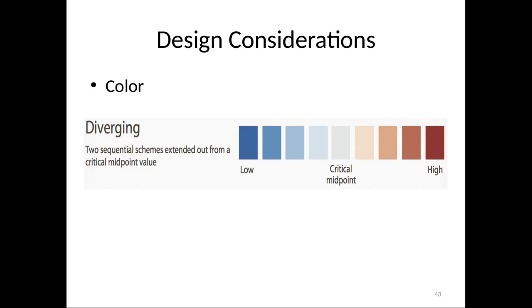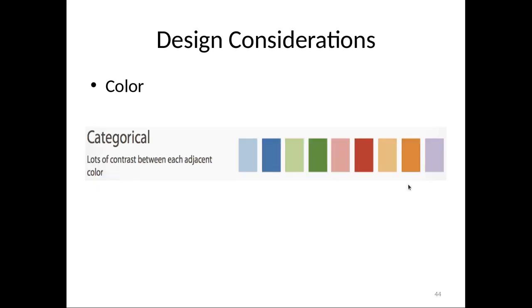So it starts from a dark blue, goes to a very light gray, and then again starts to increase in saturation to make it a dark brown. Then we have categorical, where for each category we use a completely different and contrasting color.